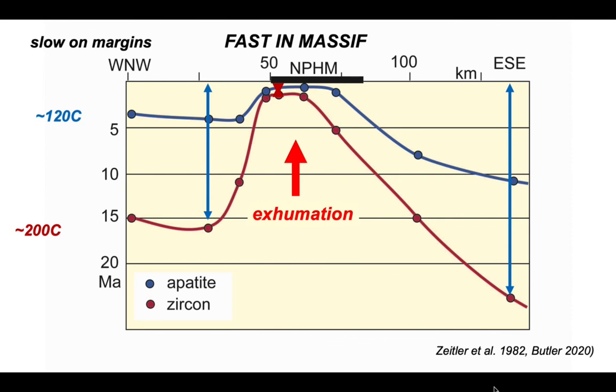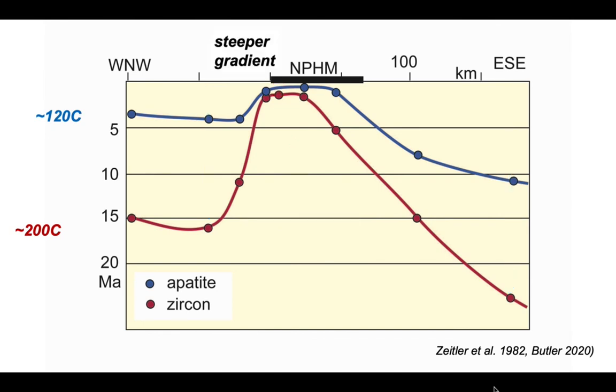But actually we can say a little bit more than that, because those profiles are asymmetric. There's a steeper gradient on the western side of the Nanga Parbat Haramosh Massif. So if we want to find structures that may be accommodating this exhumation, maybe we should focus here on the western margin. So let's go now and have a look.